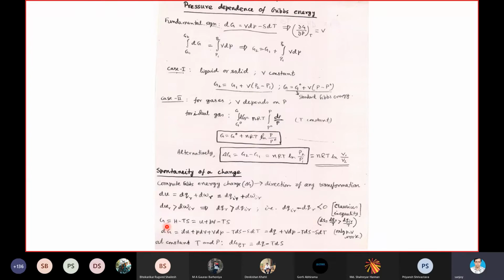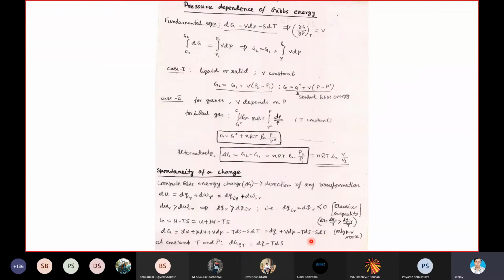Now, what is G? Gibbs energy by definition is H minus TS. So I can write it as U plus PV minus TS. Taking the full derivative of G, dG becomes dU plus PdV plus VdP minus TdS minus SdT. Now, what is dU plus PdV? That is nothing but dq. And then you have VdP minus TdS.